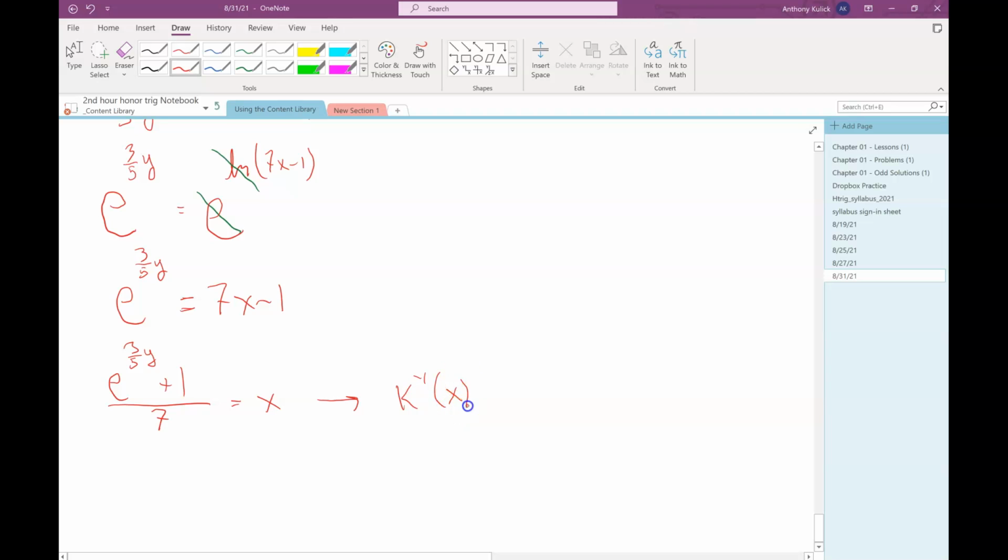So when I switch my variables and write this as a function, there we are.